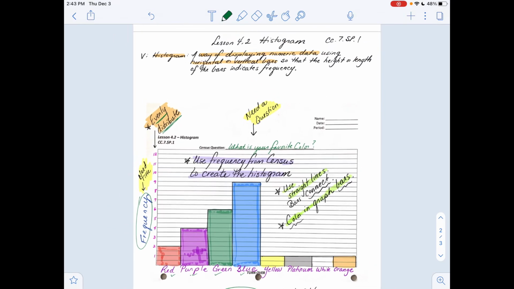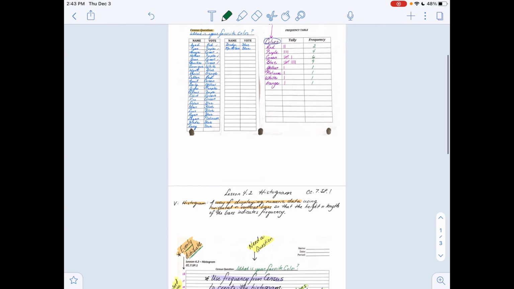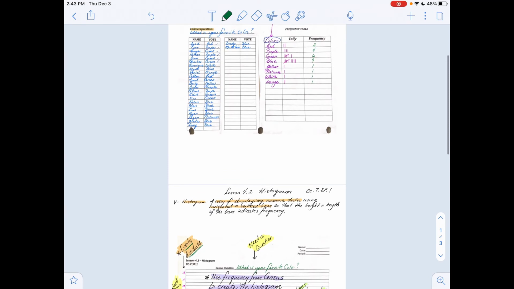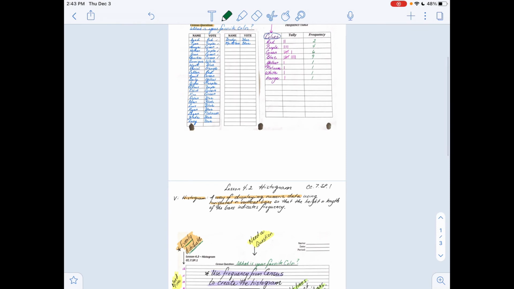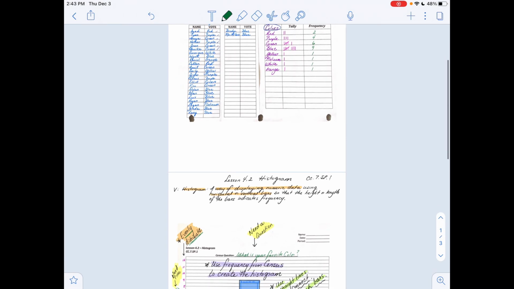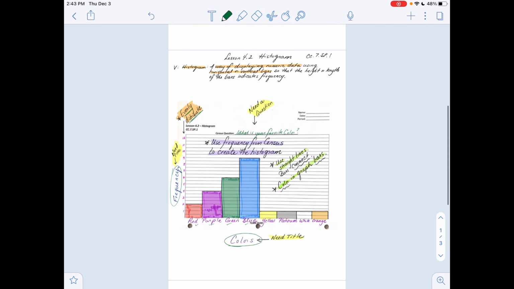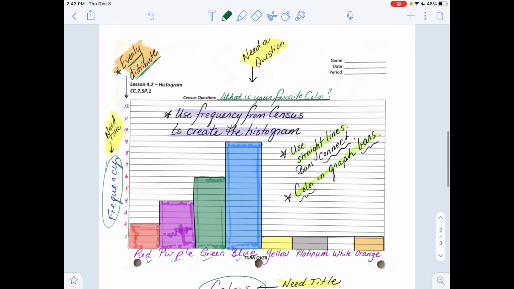So notice from my frequency table, red was 2, purple was 4, green was 6, blue was 9, yellow was 1, platinum was 1, white was 1, and orange was 1. So I made those bars above each of those classes or colors, and they went up to the number to indicate their frequency.